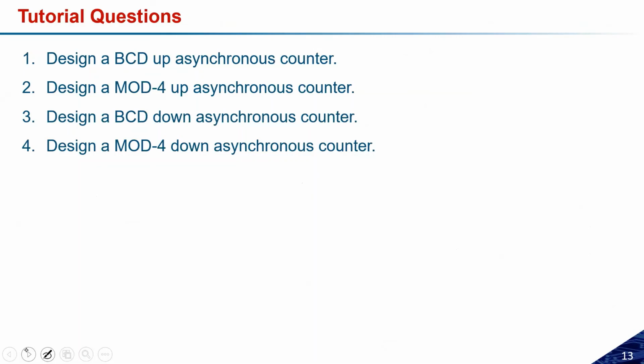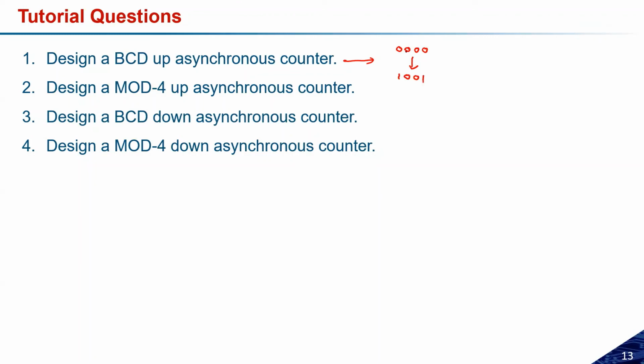Here we have some tutorial questions. Design a BCD up asynchronous counter. BCD up asynchronous counter means the counter that starts from 0 to 9. It will start from 0 0 0 0 and run up to 1 0 0 1.